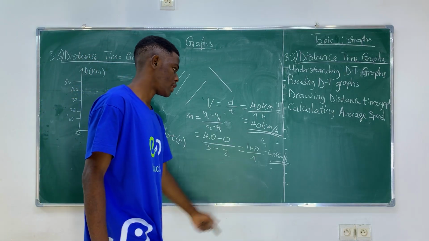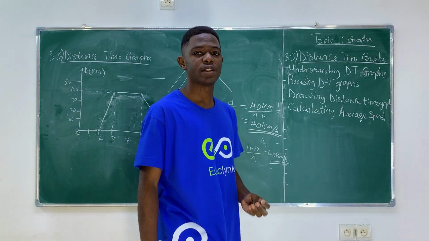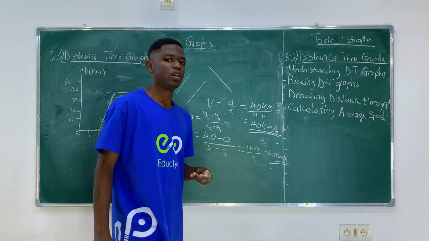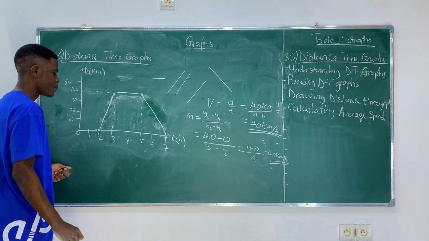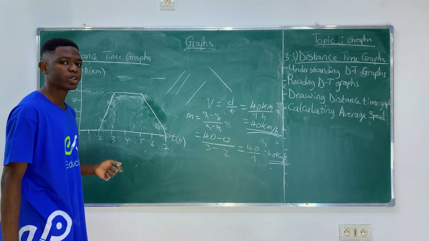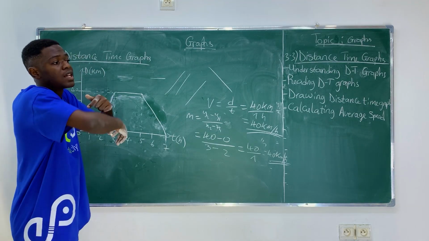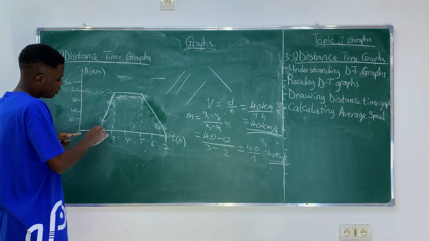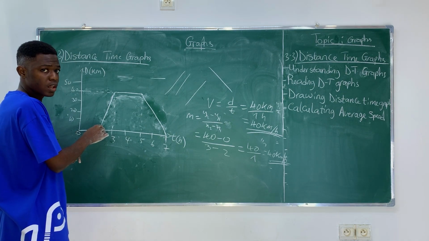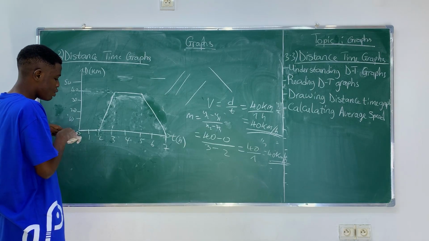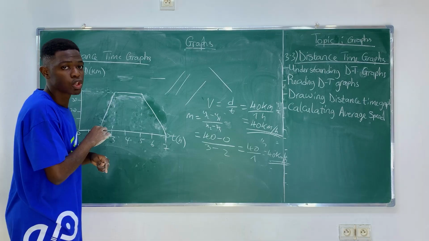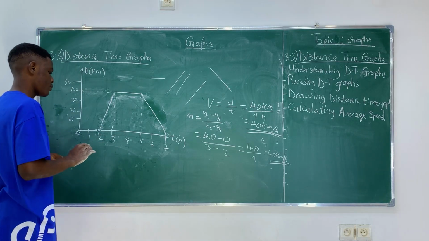Just like that. And if they ask you what is the total distance traveled by the car, what will you say? How do we calculate the total distance traveled by the car? From here to here, did the car travel any distance? No, because the car was at 0 and it stopped. When you see a straight line like this, it means it stopped, so it does not travel any distance.